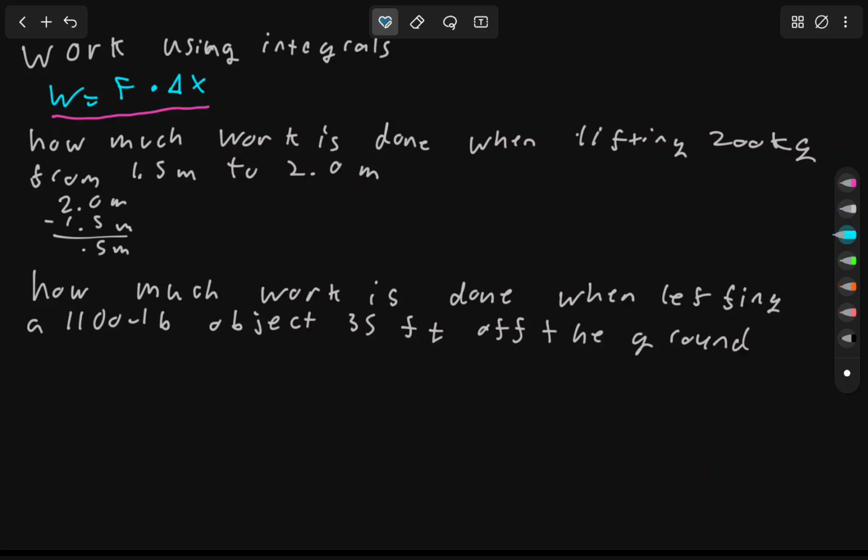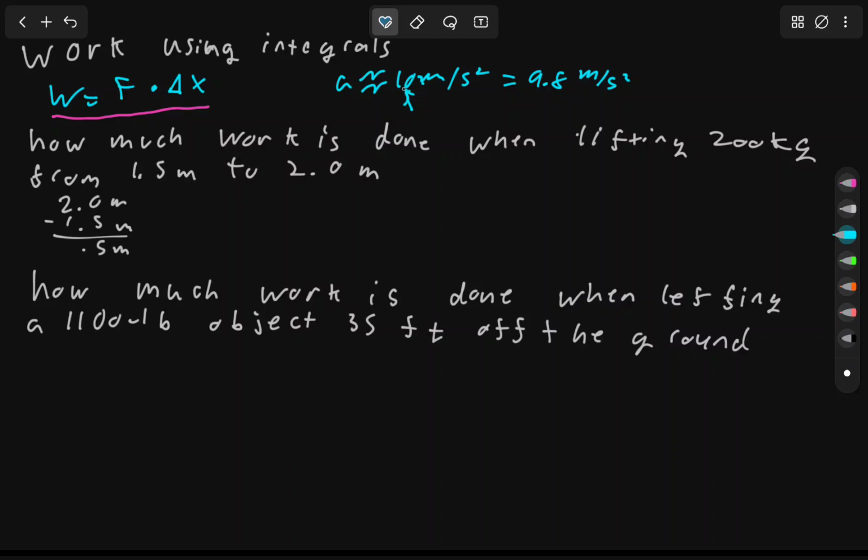You're going to have to go back to physics for this, but I'm going to say acceleration is approximately equal to 10 meters per second squared on Earth. It's important to note that it is actually 9.8 meters per second squared, but for purposes of simplifying calculations like you'll do in something like AP Physics, I'm just going to say 10.